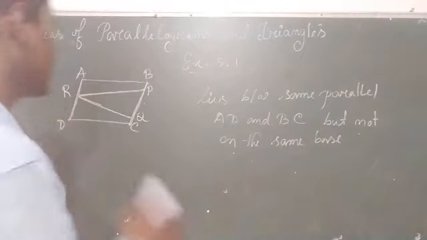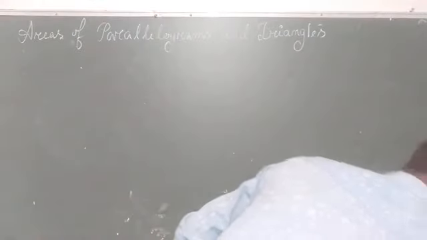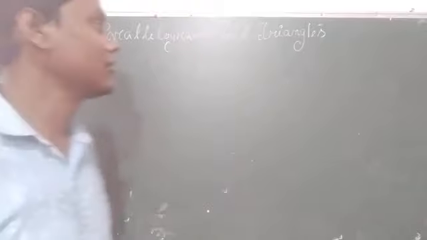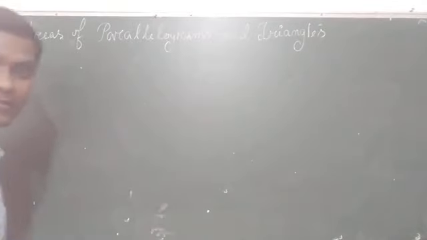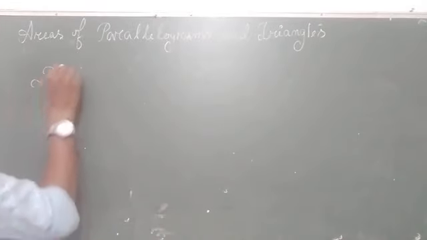Next, today I am going to explain one important theorem from the next exercise, and I am going to prove the theorem as well. The next theorem is theorem number 9.1. It is in your book only.